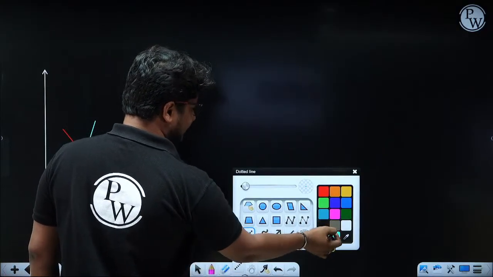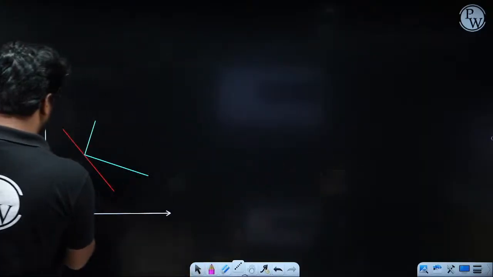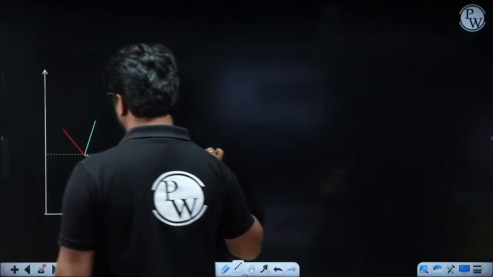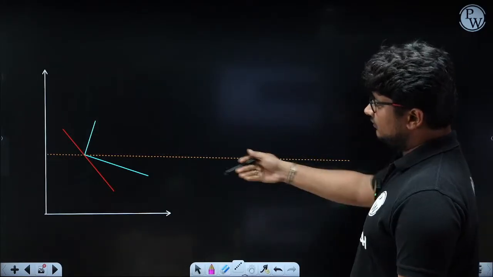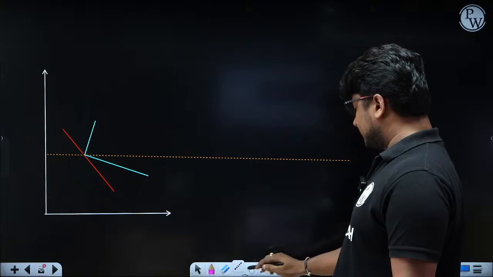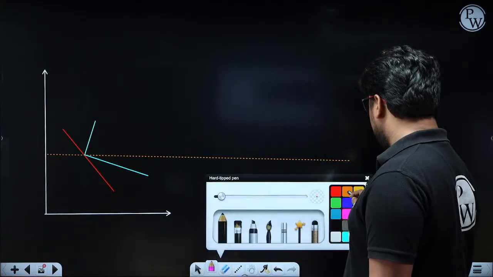Again, as you can see, your ELR values are different in these two layers, so two different zones will be developed.